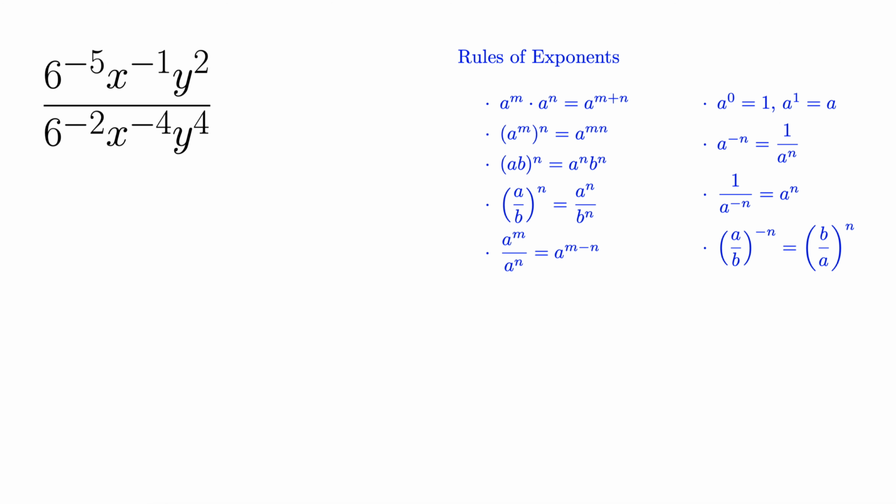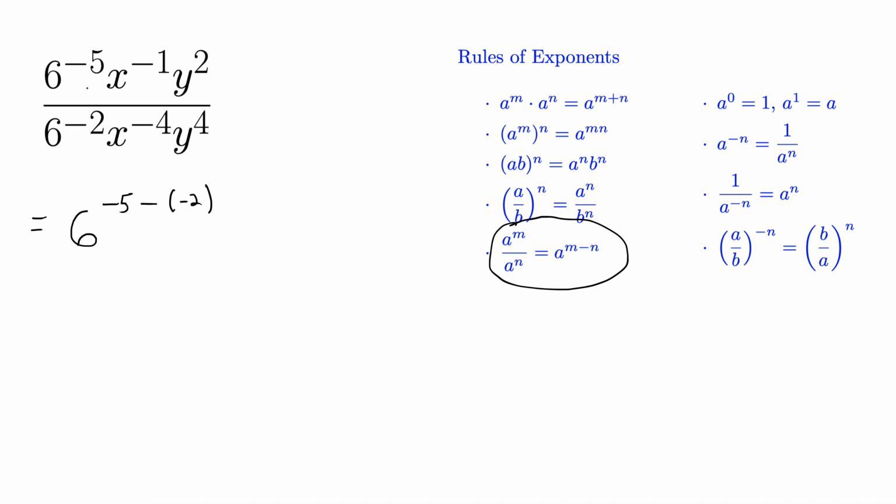Okay, there are so many ways to do this problem. Let's just start with one, and then maybe we'll look at a different way to do it. So we're using these rules of exponents. I'm going to focus mostly on this rule right here: a to the m over a to the n is a to the m minus n. So with the 6, that gives us 6 to the negative 5 minus a negative 2.